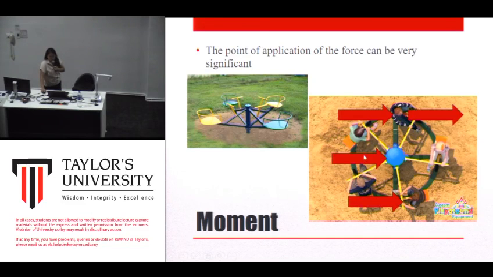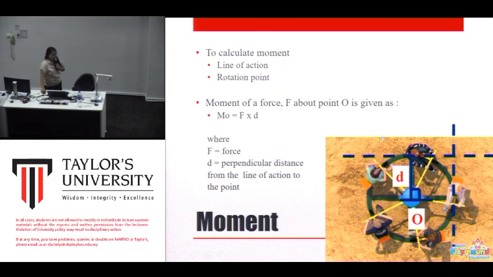Alright, how does this work? It is due to the moment. To calculate moment, you need 2 components. The first one is the line of action and the rotation point. Moment is given as force times distance, where the distance is the perpendicular distance. If you look at this diagram, just now I said force 1 can make the merry-go-round rotate.